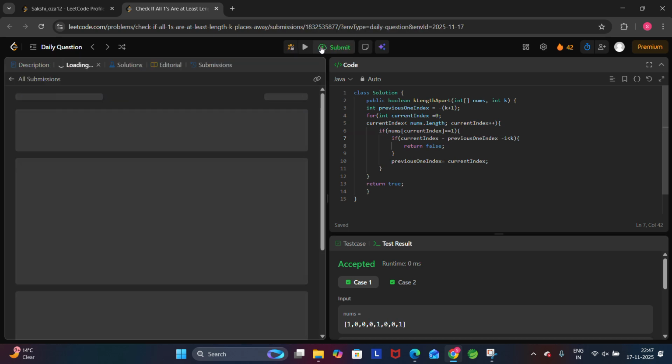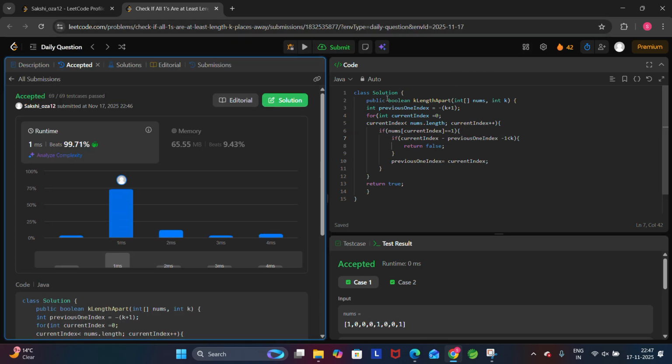So now let us break down the logic behind the code. The idea is to track the index of the previous one, right? So we initialize the index to a value far enough behind the start, specifically minus k plus 1, so the first one we see will always be considered valid.